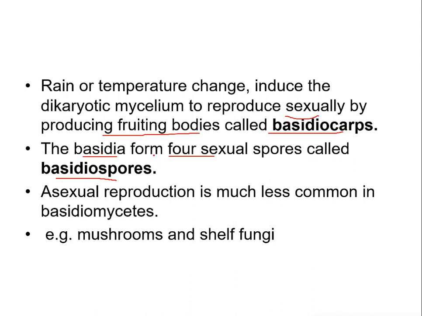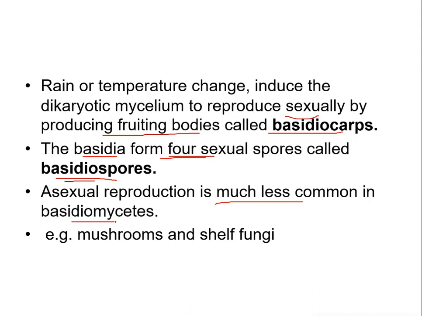In the basidia, you will find 4 sexual spores known as basidiospores. Asexual reproduction is less common in Basidiomycetes, meaning that they are not very prone to asexual reproduction. So the life cycle prefers sexual reproduction.